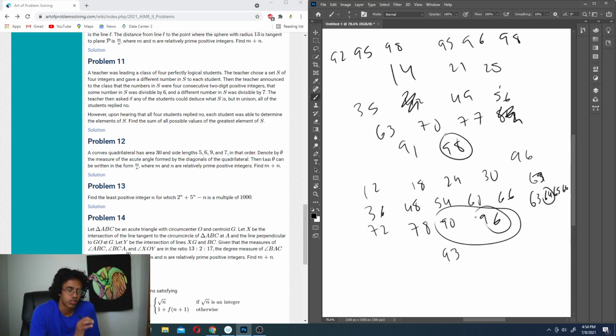But the problem is you can't have two. You need it to be in both ranges, right? You need that multiple of 7 to be in both ranges. Okay, let's just try something else. So 54 to 60, you get 56.